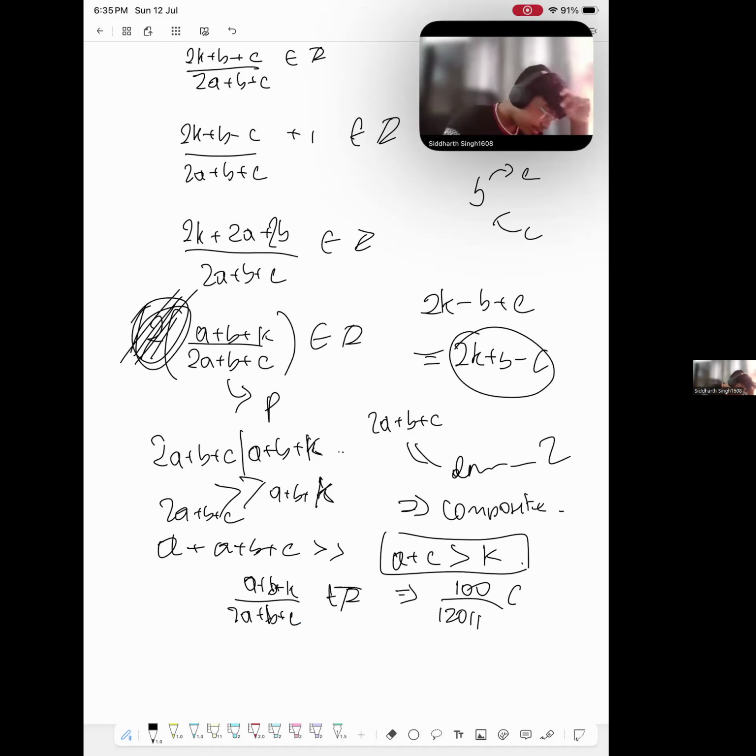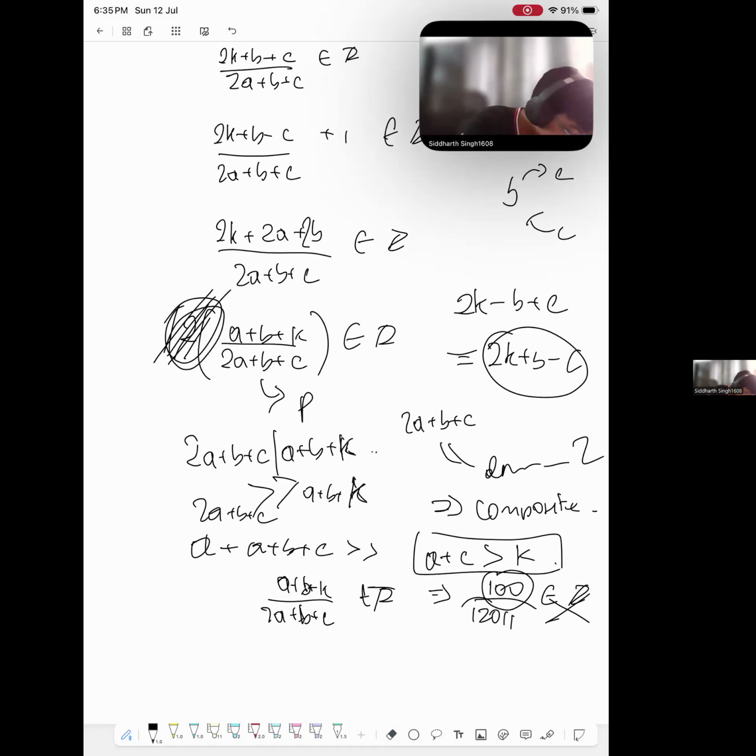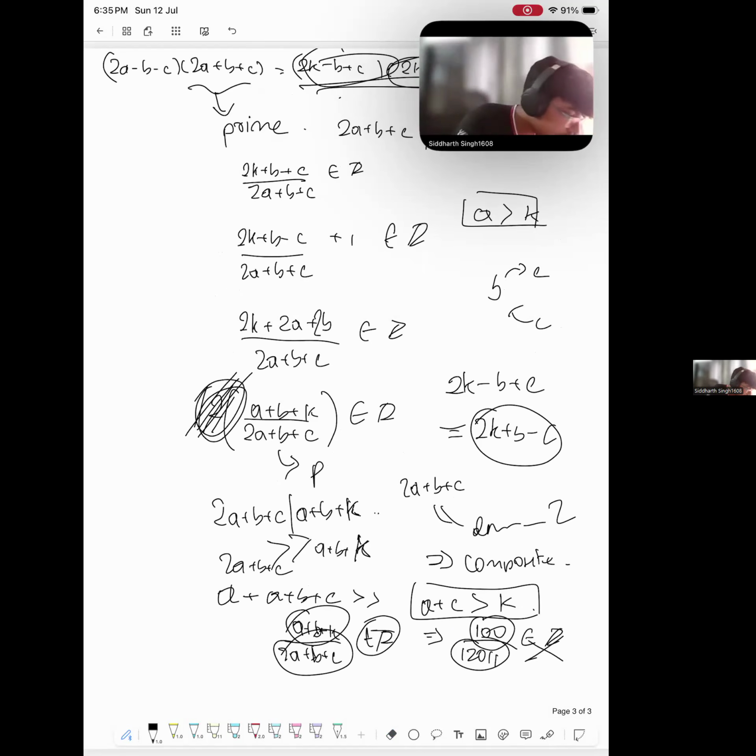I think that's easy to understand. But if any doubts, actually no, one second. Yeah, this can't happen. Why can't this happen? Because the numerator is smaller than the denominator, and here the numerator is smaller than the denominator, and the numerator is not zero. So yeah, we are done with this problem.